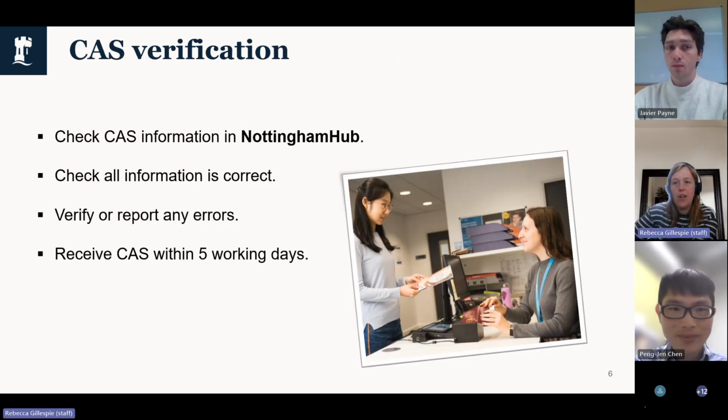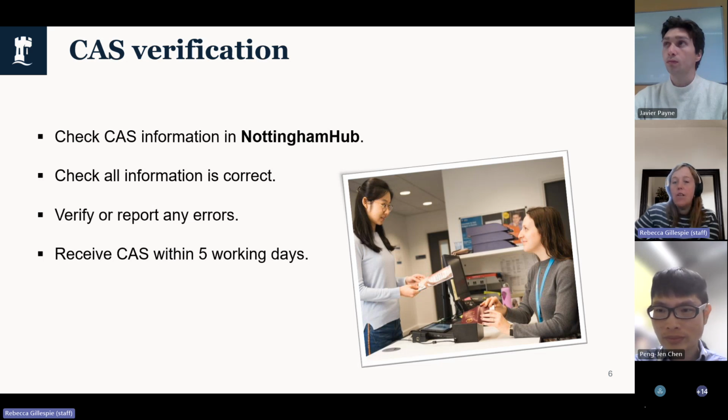CAS verification. So when you have met all of the conditions of your offer and firmly accepted your unconditional offer, colleagues in admissions will begin the CAS issuing process. You will receive an email to ask you to check your CAS information in your Nottingham hub when it is ready to assign.